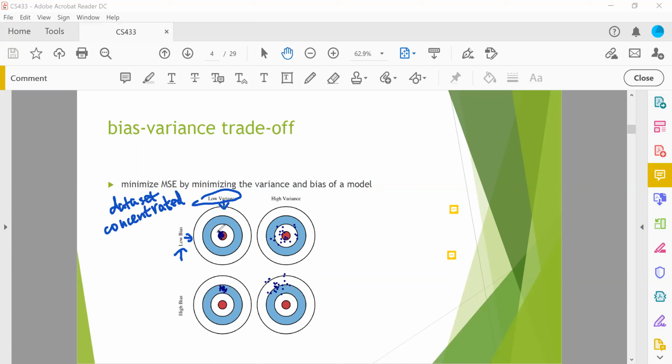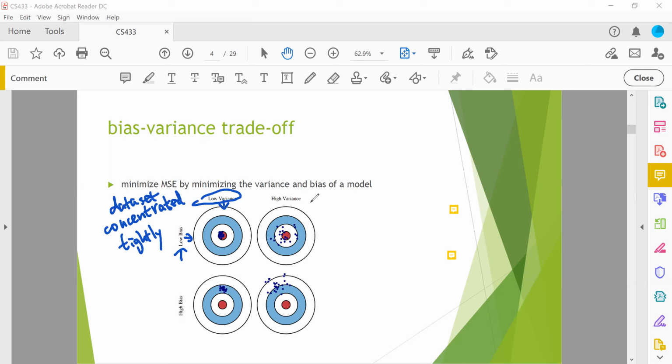The data sets are very close to the center of the target, and they are all grouped together very tightly. So that means it has a low variance and a low bias.